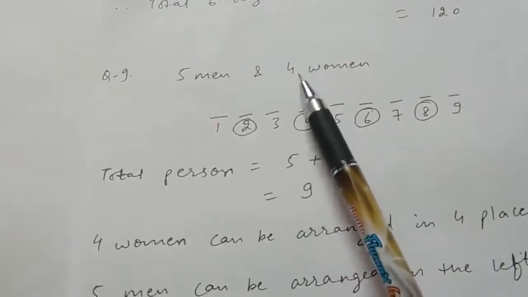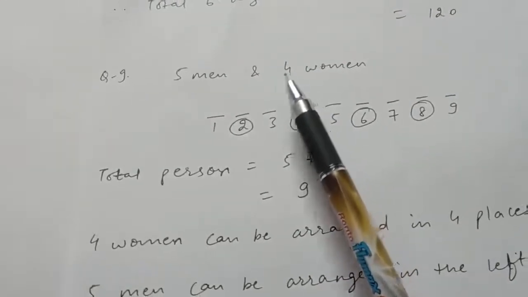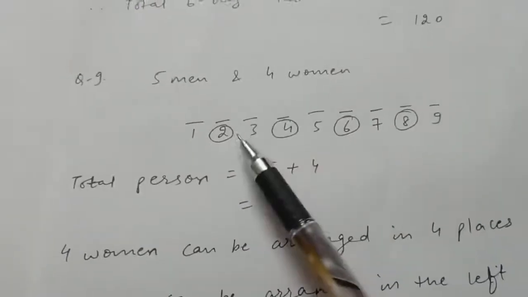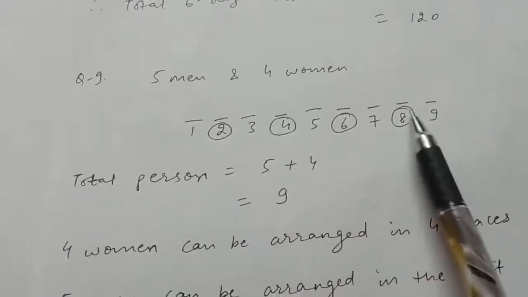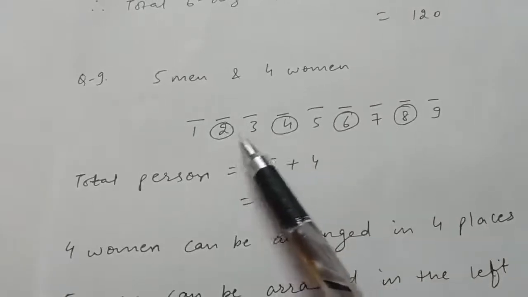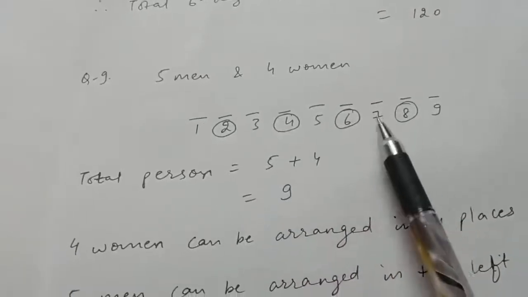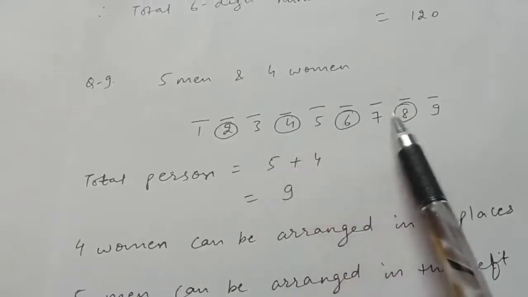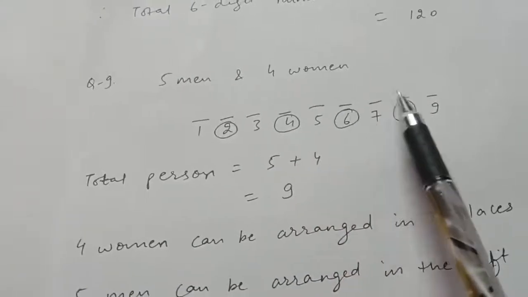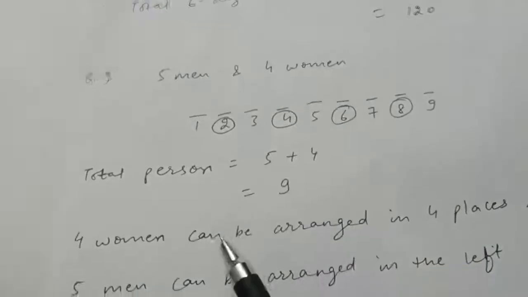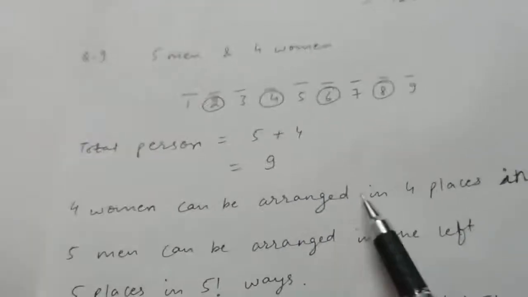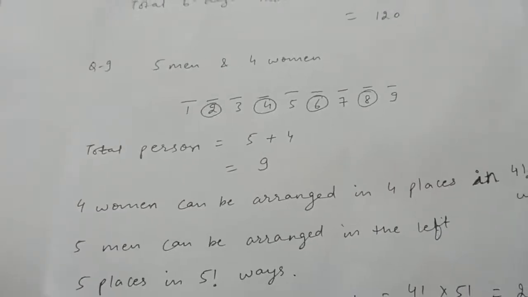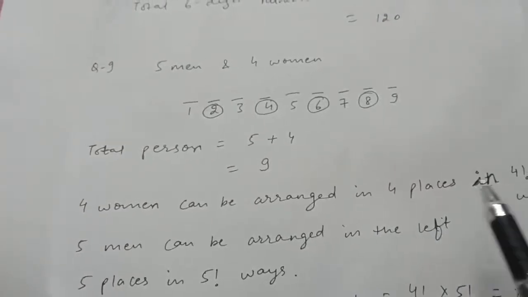These 4 women, we want to make them sit in the even places. Now see, from these 9 places, even places are 2, 4, 6 and 8. That is, there are 4 women and there are 4 places, because women can sit on the even places only. Therefore, 4 women can be arranged in these 4 places in 4 factorial ways, right?